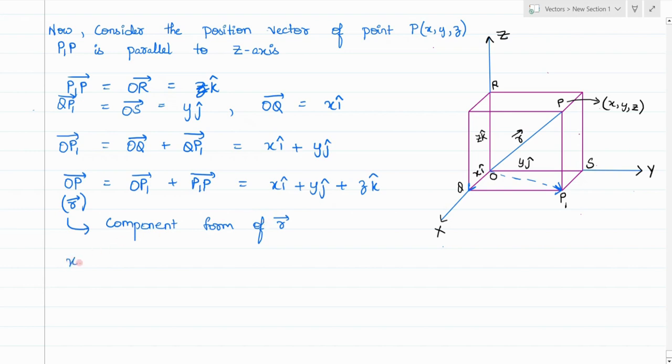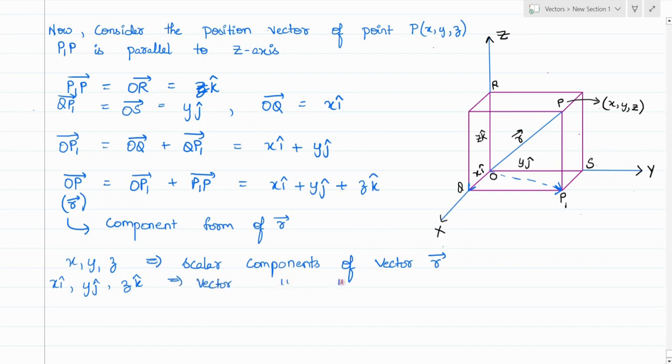And here x, y, z are called the scalar components of vector r. And x i cap, y j cap, z k cap are called the vector components of vector r.